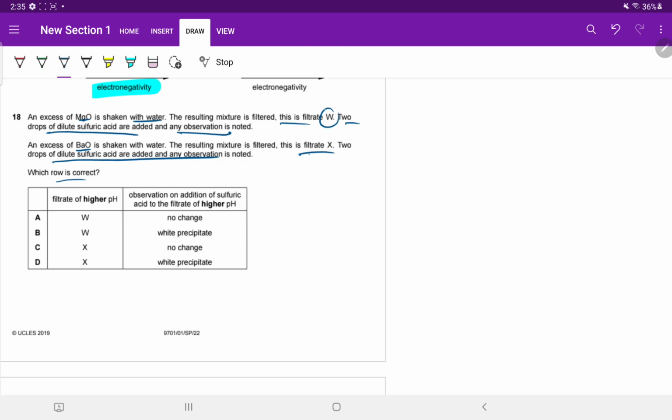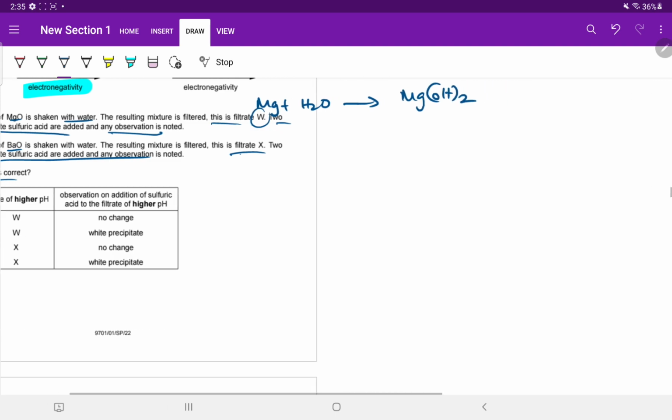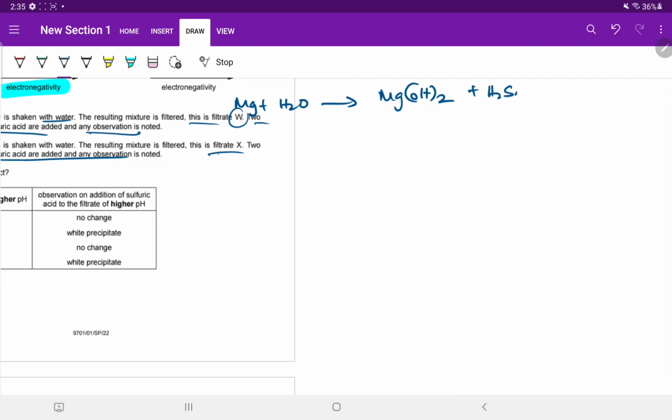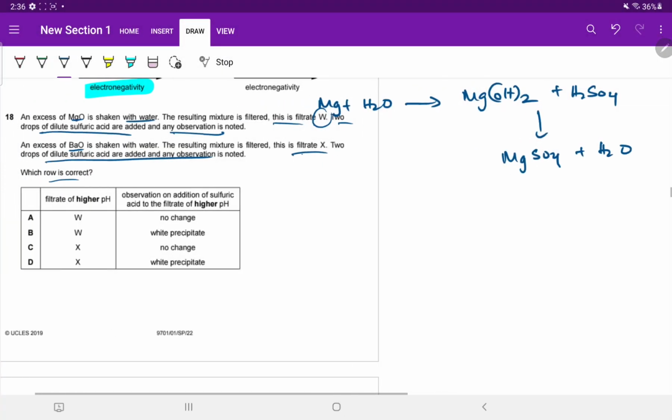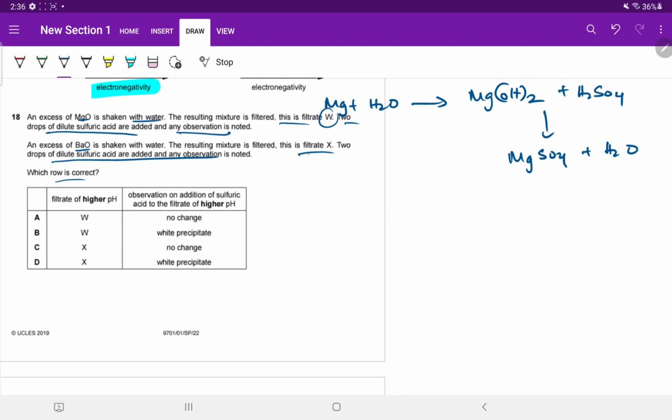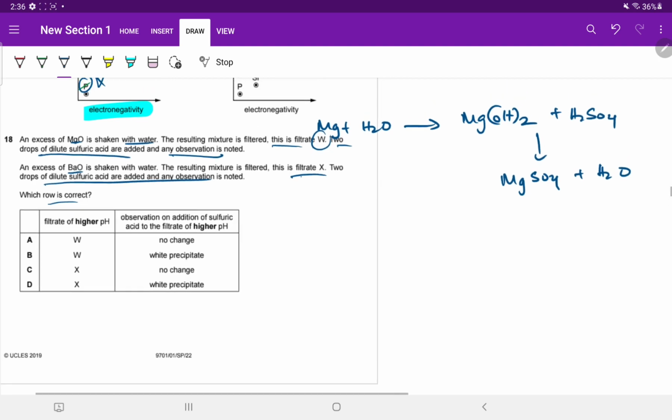So magnesium oxide, when it is shaken with water, will form magnesium hydroxide. Now next we have taken 2 drops of dilute sulfuric acid added. So now we are going to add dilute sulfuric acid to it, which will form magnesium sulfate plus water. Okay, the resulting mixture is filtered.